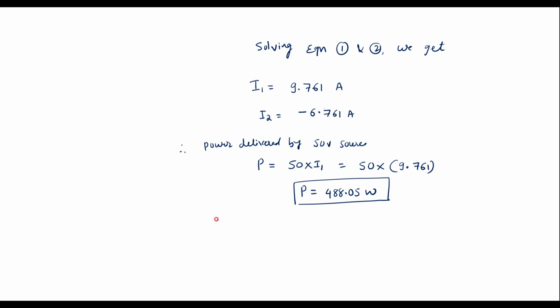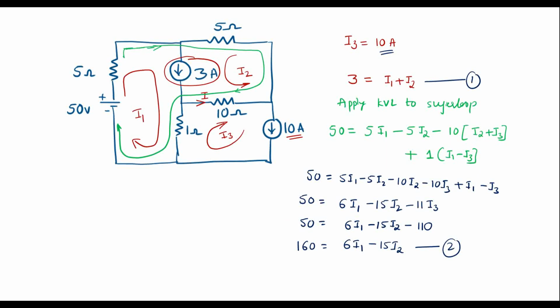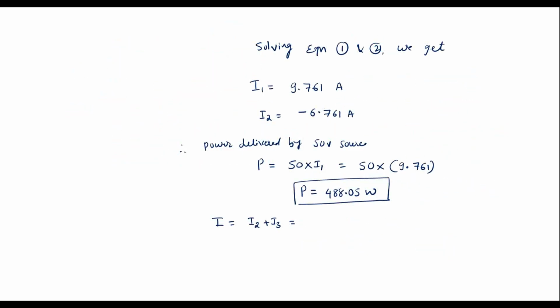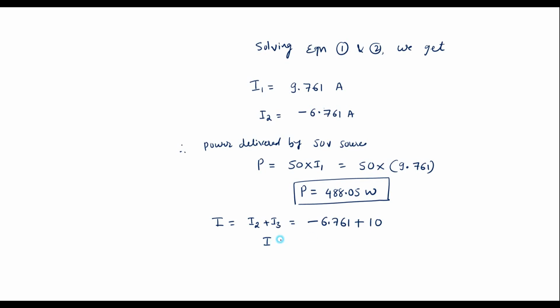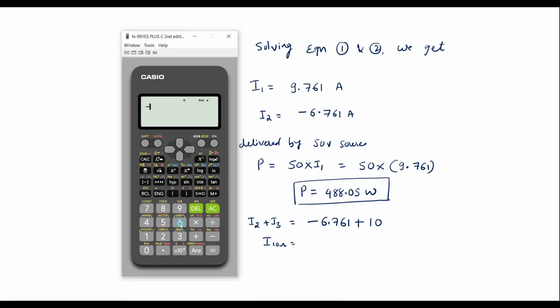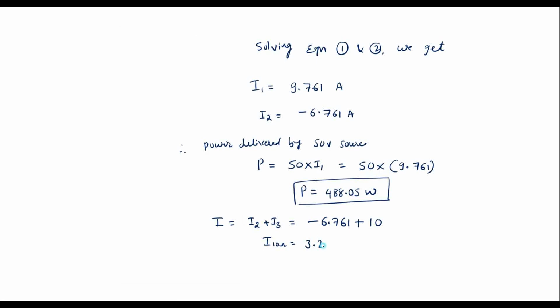So the current in the 10 ohm resistor, I, is equal to I2 plus I3, which is minus 6.761 plus 10, which is nothing but 3.239 amps. So this is the required result.